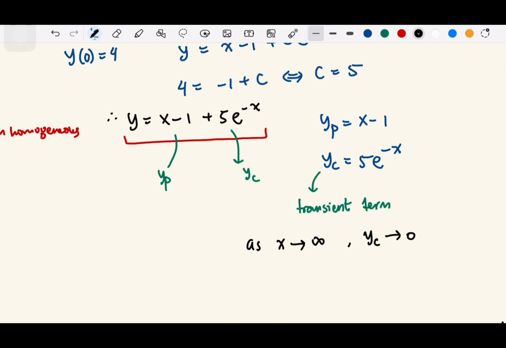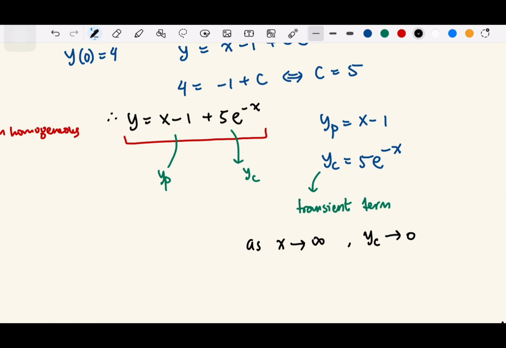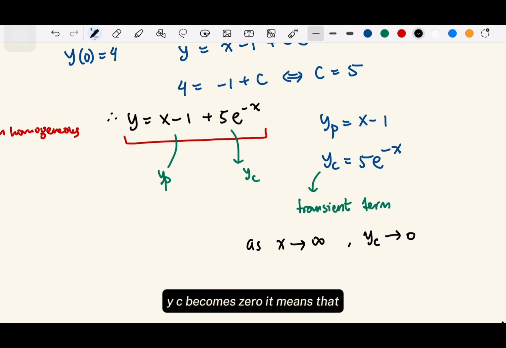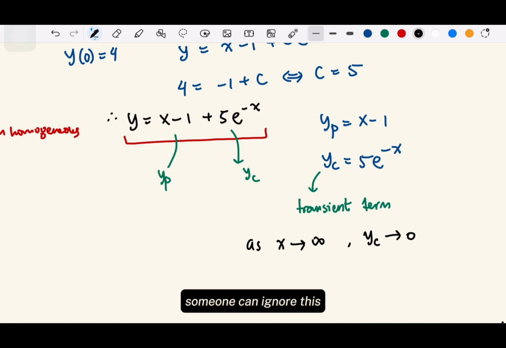The yc seems not really too significant, because when we increase x, yc becomes 0. So it means that if we take x larger and larger, somehow we can ignore this. That's the transient term.